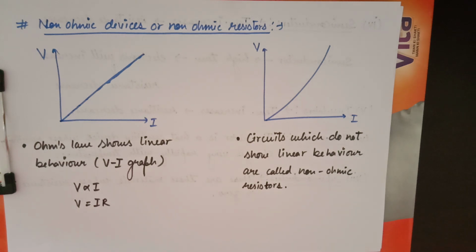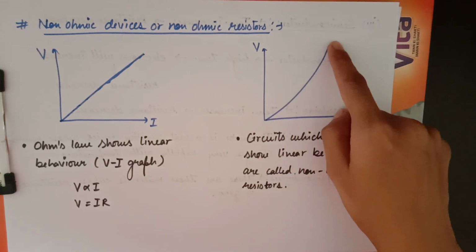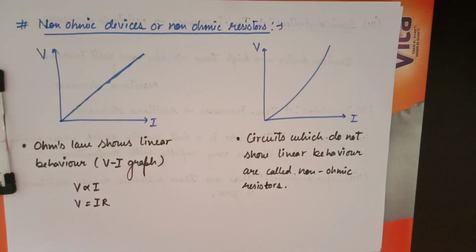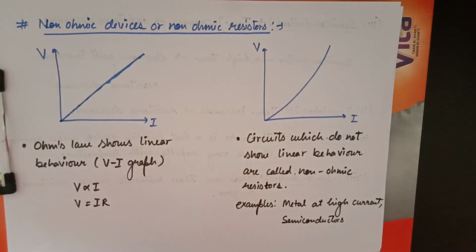So the devices which show V directly proportional to I are called ohmic devices or ohmic resistors. But there are some circuits which do not show the linear behavior, called non-ohmic resistors. Like in this, it is not a straight line, but a curve. So this device shows non-ohmic behavior. Examples of non-ohmic behavior are metal at high current or semiconductors.